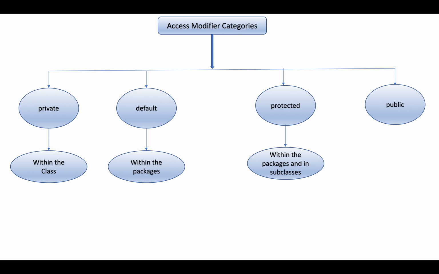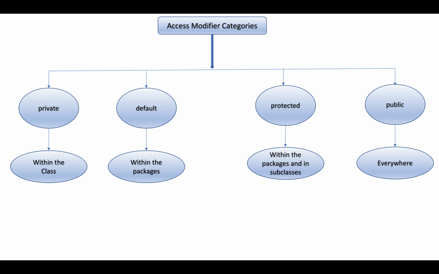Try to understand it this way: a member with the protected keyword can be accessed within the package, and by any class that inherits the class the member is in. And what about public? Public means it's accessible everywhere, throughout your project basically.